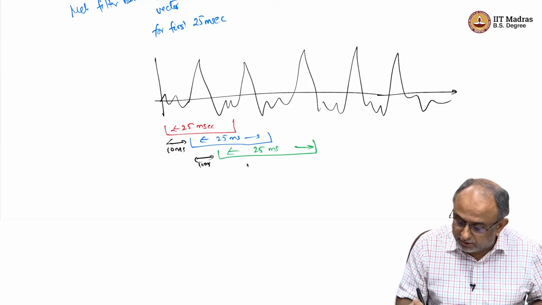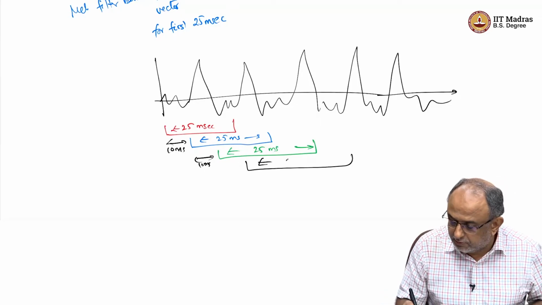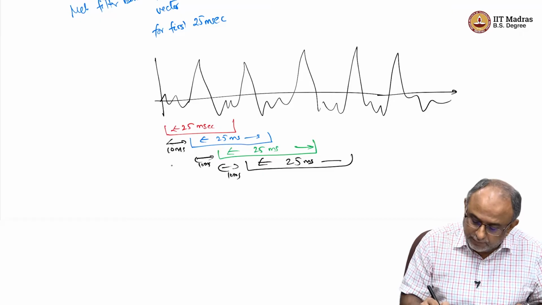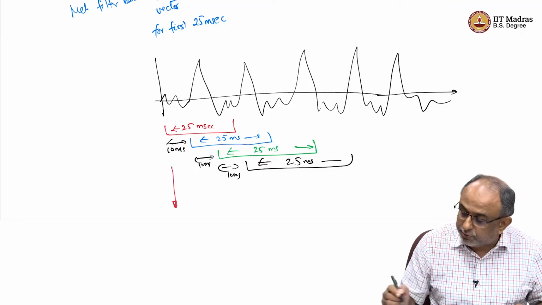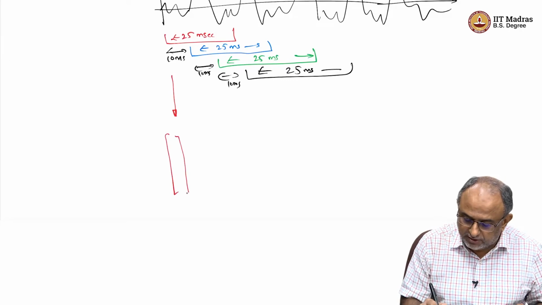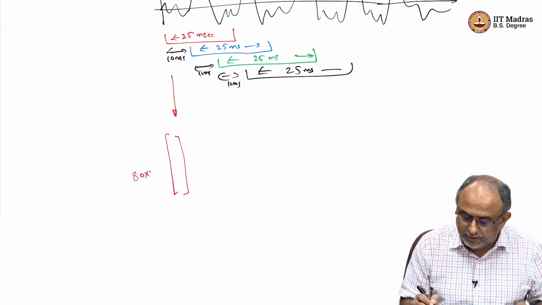The fourth one I can start here, again 10 milliseconds later. The red one will produce one vector which is, let us say, 80 cross 1.